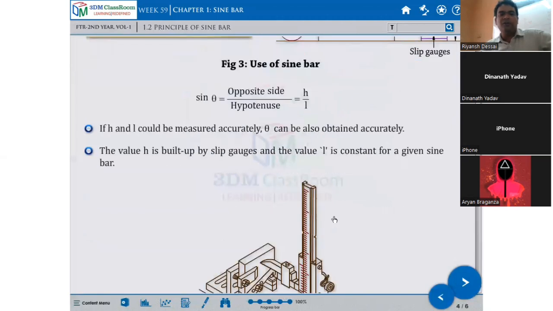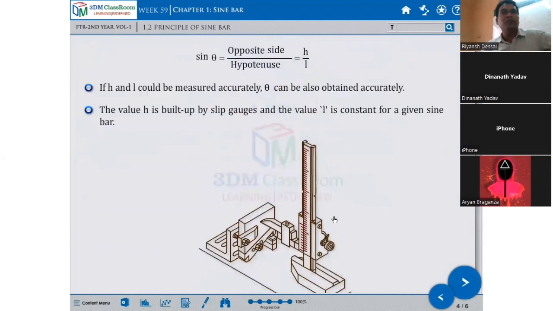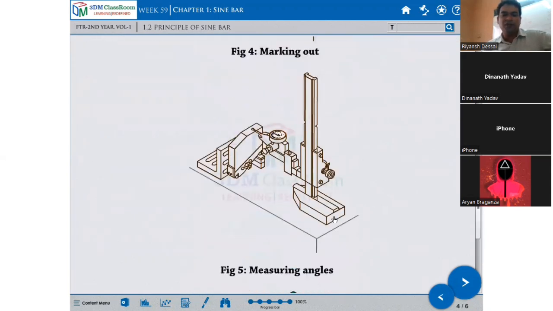The value of h is built up by the slip gauges, and the value of l is constant for the given sine bar. That is the length of the sine bar. So this is one arrangement you can see here. Below this are the slip gauges, and the sine bar is kept here on that marking table.